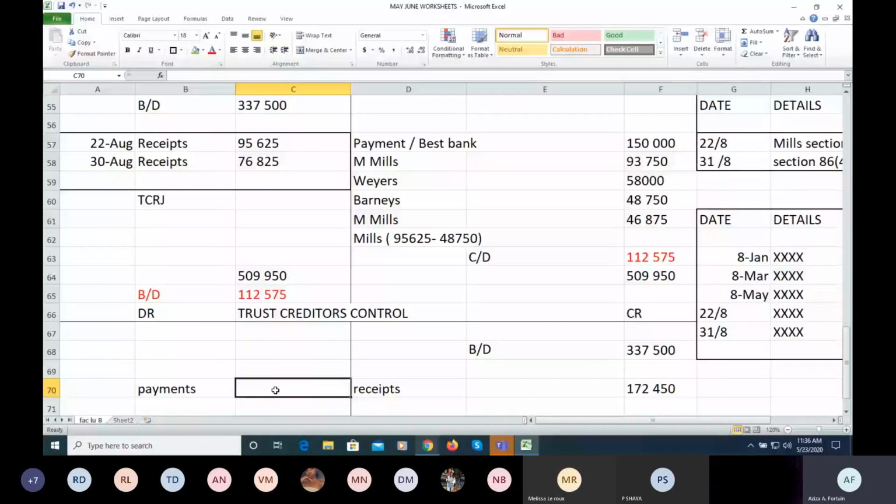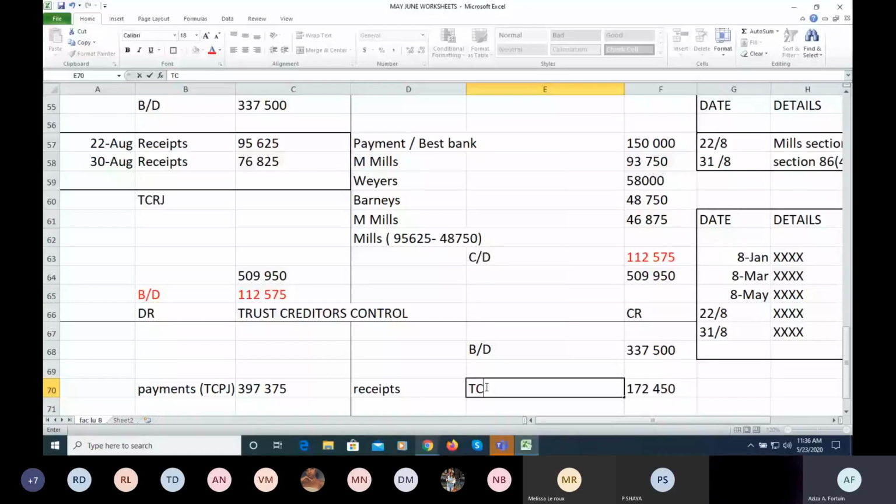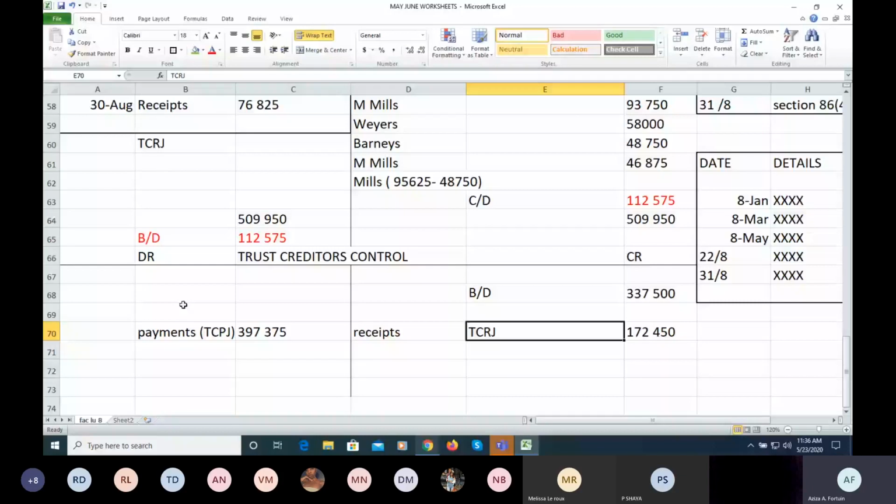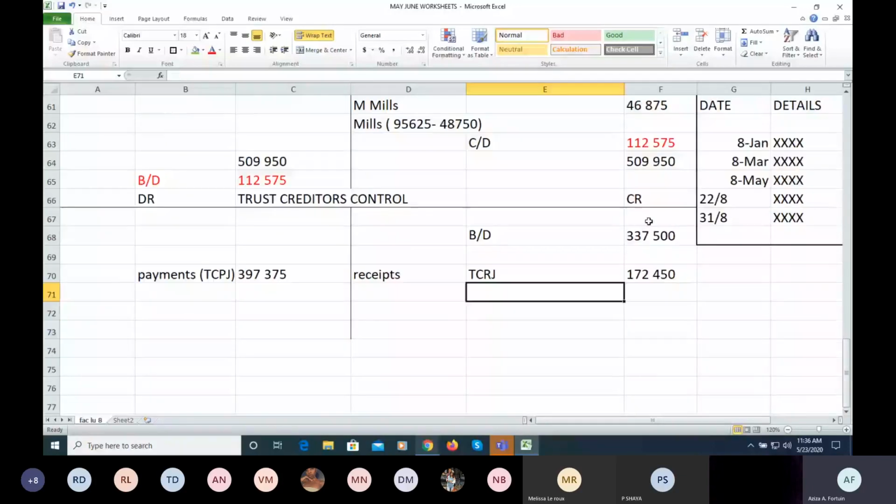And don't forget, there must be a column which says where it comes from. So trust cash payment journal, and on this side you're going to put trust cash receipt journal. Don't forget where the money would come from. That is why you have to actually do this one first to be able to put that in. But for students, I would suggest the other way around.